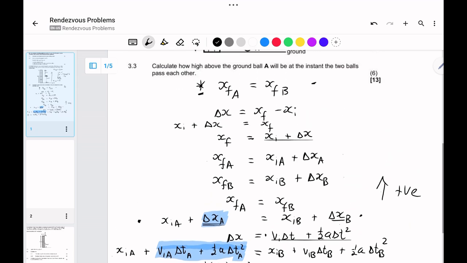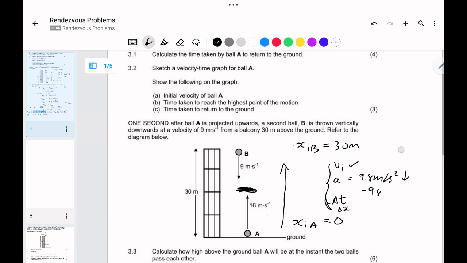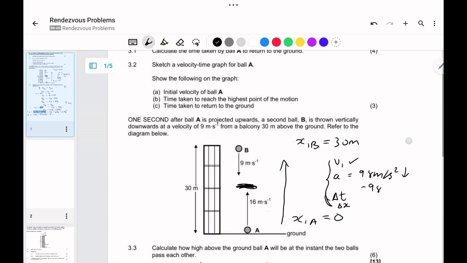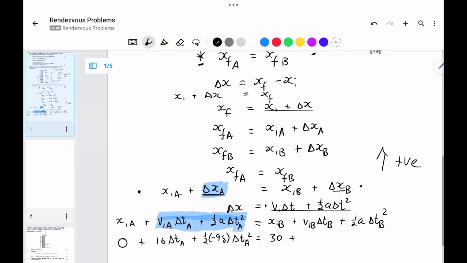Okay, now let's look. What is the initial position of B? It's 30 meters above the ground, hence positive 30. Plus, now, what is the initial velocity of B? It's 9 meters per second down.